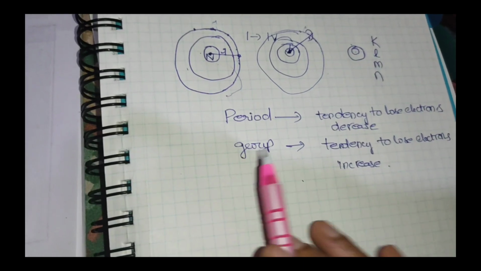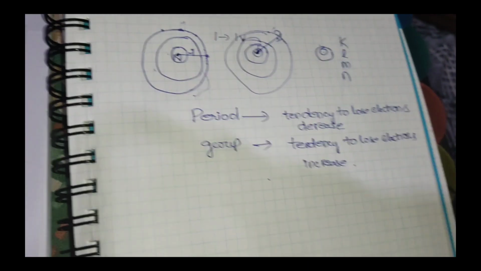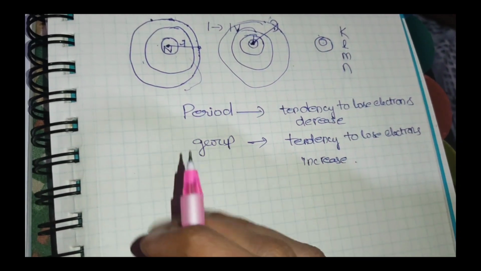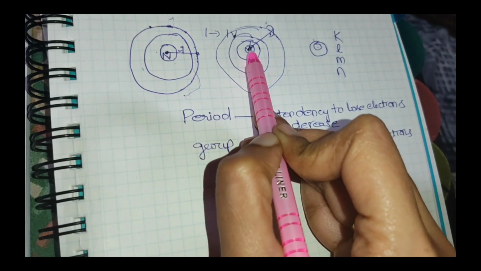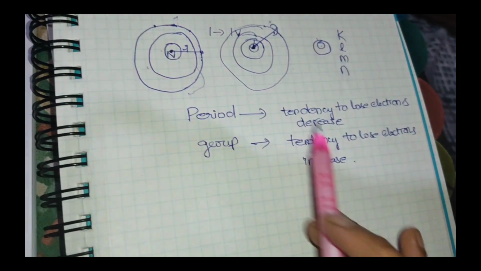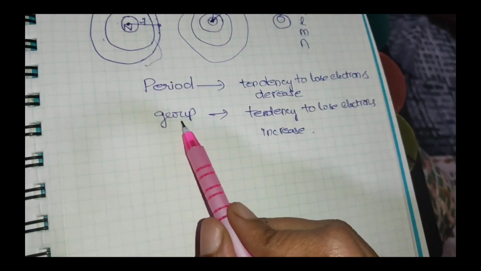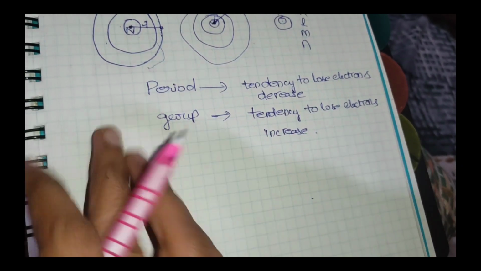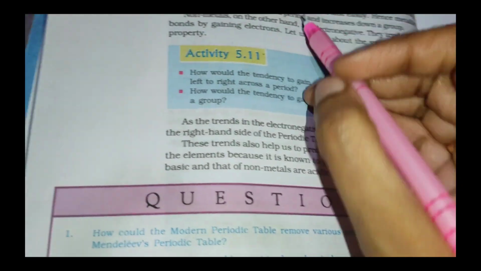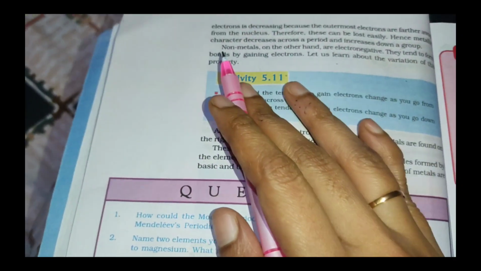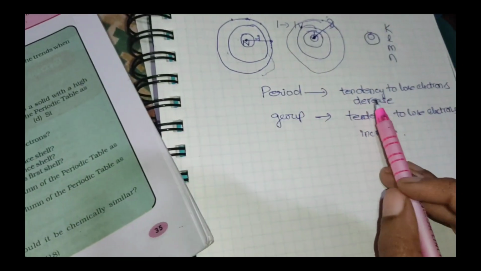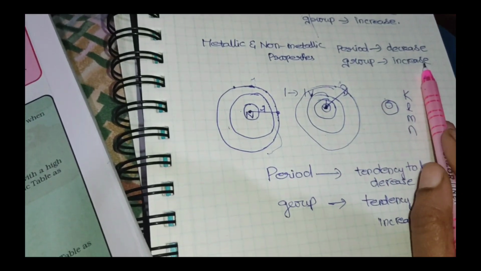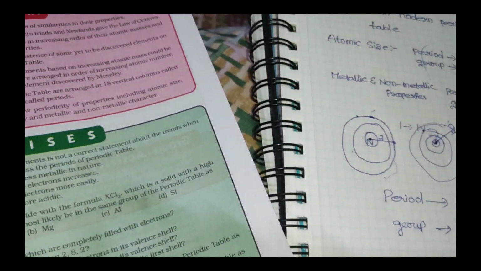If there is an increase in the shells, then the nuclear charge on the outer electrons will be less because the distance will be more, so it will easily lose electrons. So in a group, the tendency to lose electrons will increase. Hence, metallic character decreases across a period and increases down a group.